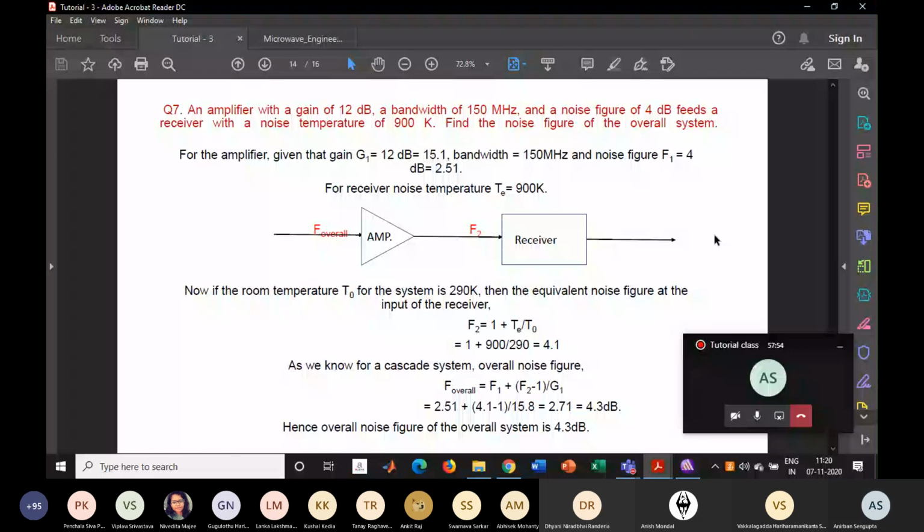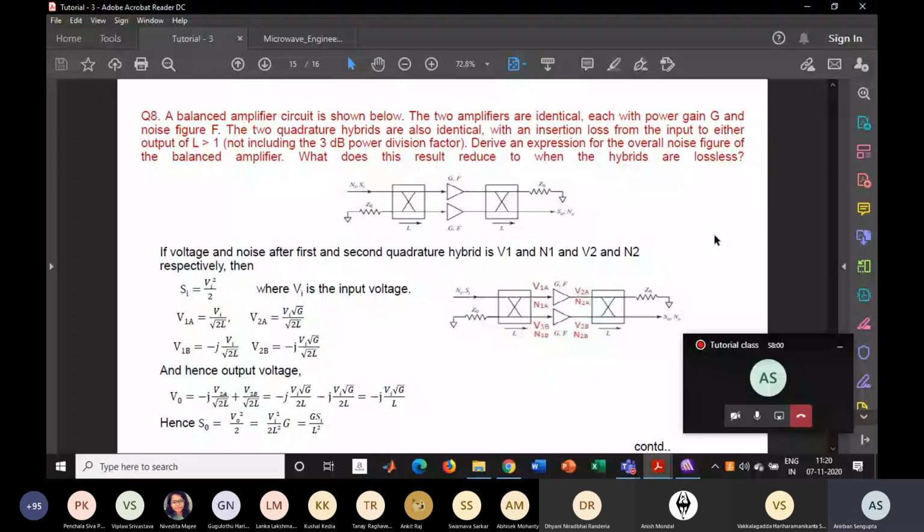So let's see what the question says. A balanced amplifier circuit is shown below. The two amplifiers are identical, each with power gain G and noise figure F. The two quadrature hybrids are also identical, with an insertion loss from the input to either output of L greater than 1, not including the 3 dB power division factor.